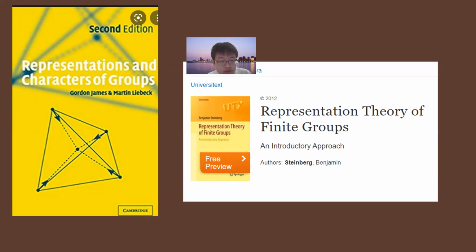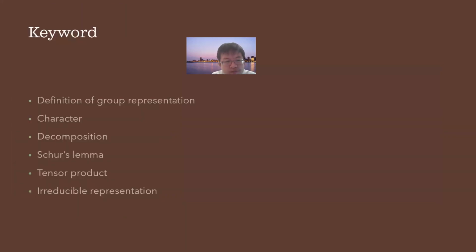I want to talk about the group representation of finite groups, and for Lie groups maybe in the future. Some keywords are definition, character, and decomposition, and the product of representations is an important keyword. Basically, this is an introduction to group representation of finite groups.